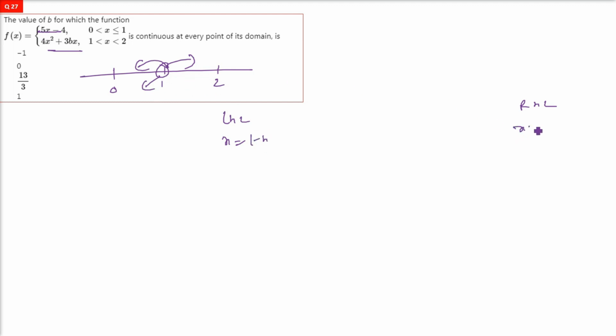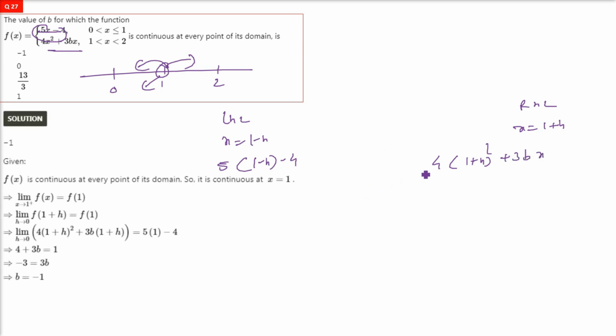For the left hand limit, we take x as 1 minus h. For the right hand limit, we take x as 1 plus h. So this is 5 into (1 minus h) minus 4. On the right hand side, it is 4(1 plus h) whole square plus 3b into (1 plus h). If you replace h by 0 and apply the limit, the left side is 5 minus 4, that is 1.